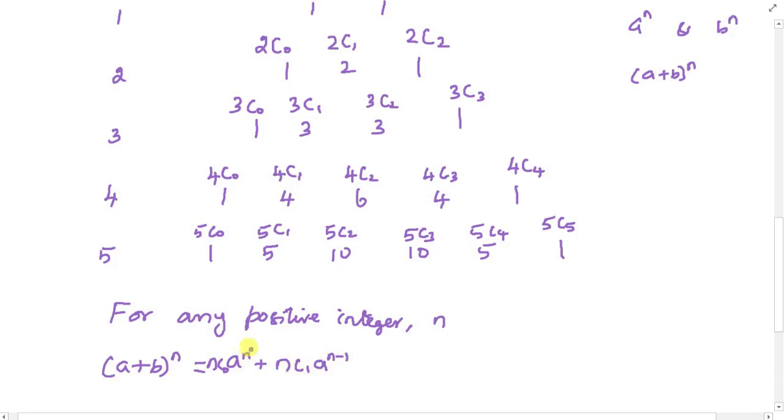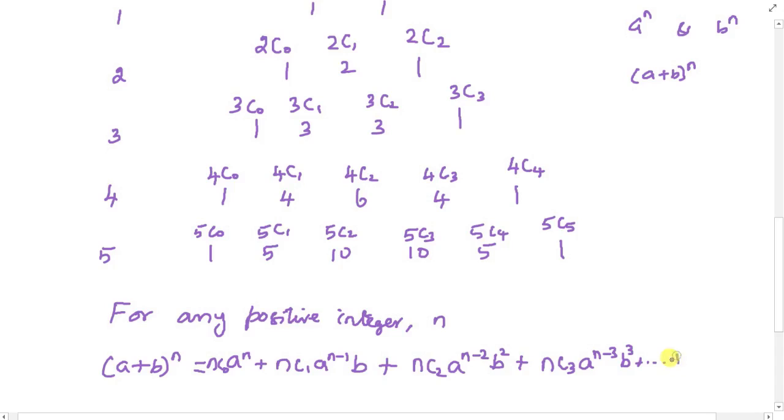The power of the first term is reduced in the successive terms by 1, and the power of the second term is increased by 1 in the successive terms. So b power 1, plus nC2, a power n minus 2 b square, plus nC3, a power n minus 3 b cube, plus etc.